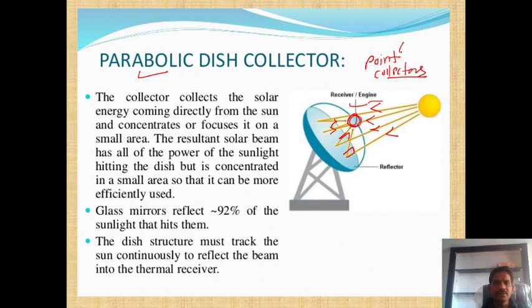So this is called a point type of collector. See here, the collector collects the solar energy coming directly from the sun on this parabolic dish. The design is parabolic in shape and dish type, that's why it is called a parabolic dish collector, and it concentrates or focuses the energy on a small area.